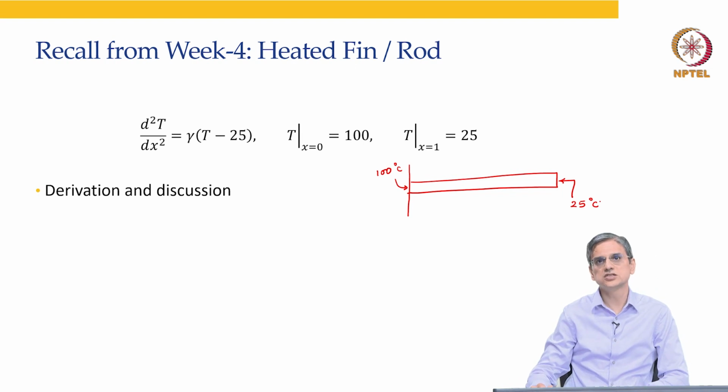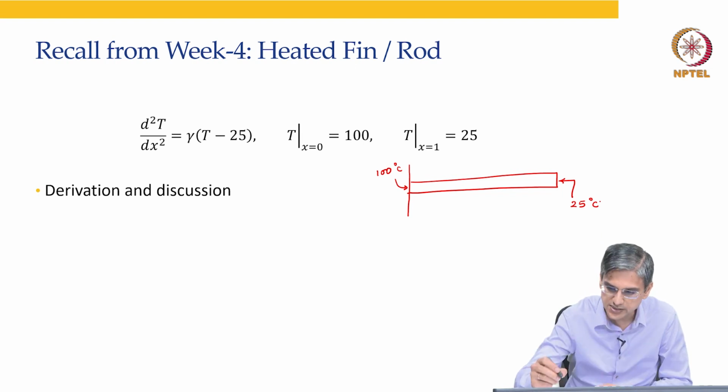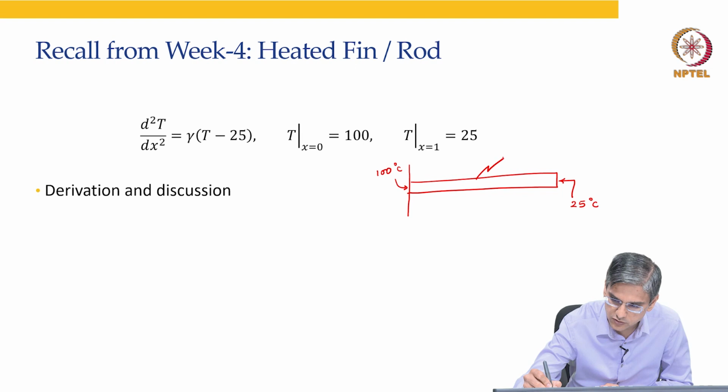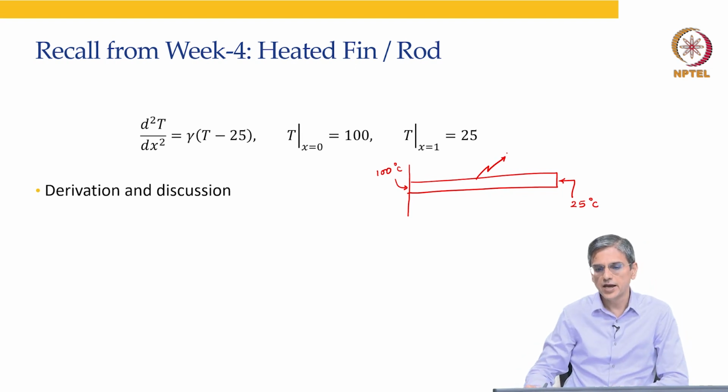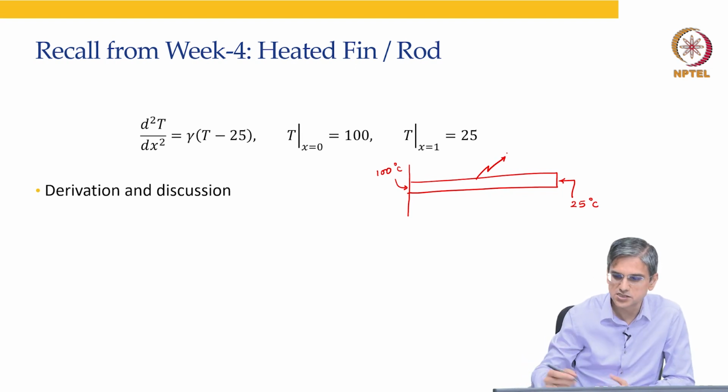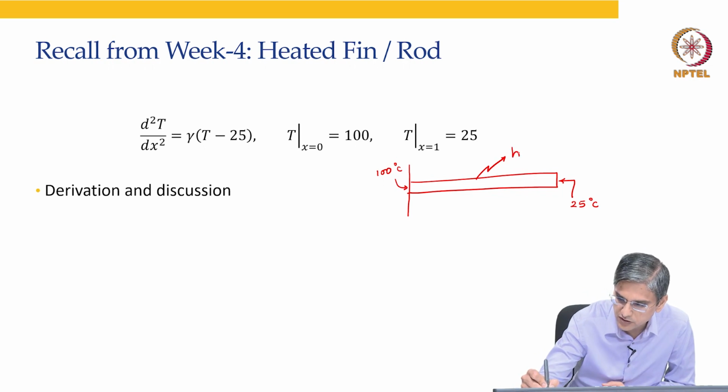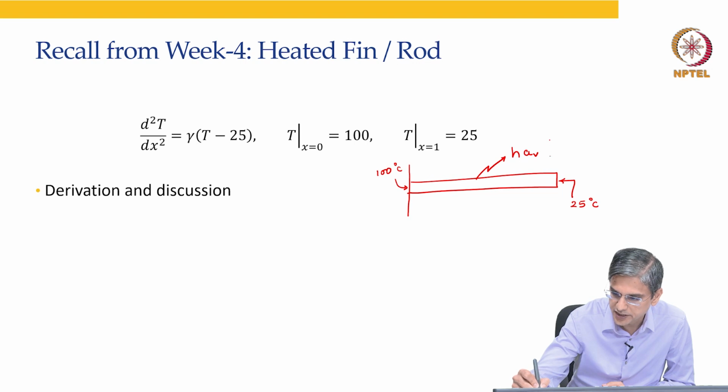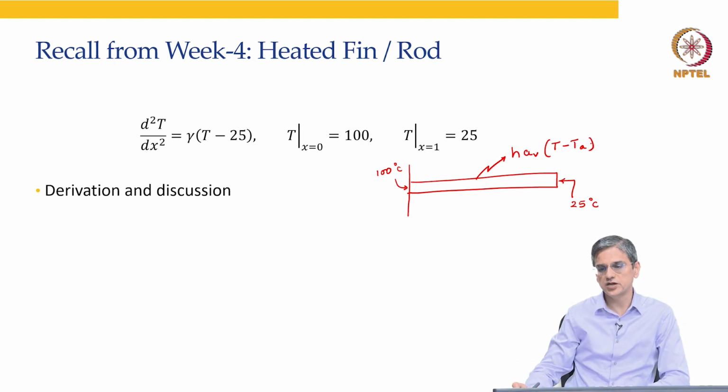Because this rod is hotter than the surroundings, it loses heat to the surroundings. This loss of heat is given in terms of the heat transfer coefficient multiplied by the area per unit volume ratio, multiplied by T minus T of ambient.